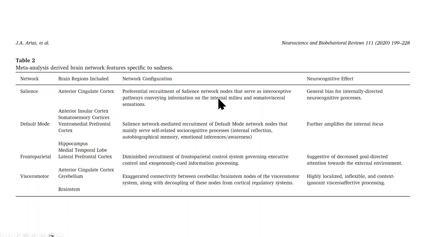So, let's switch on default mode. What's going on? So here, we then look around. Something sad has happened, and we link those two things together. And then at that point, we get this diminished recruitment of the frontoparietal systems here. Now, there's normal sadness. We're sad for a certain period of time, but then we rebound.